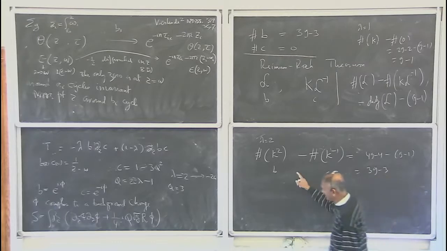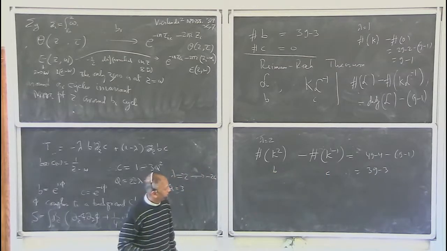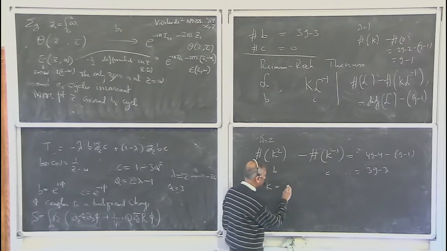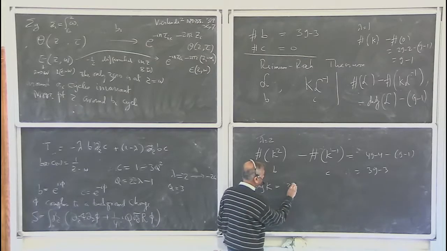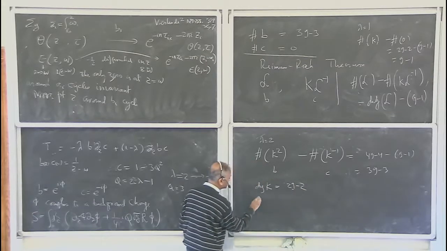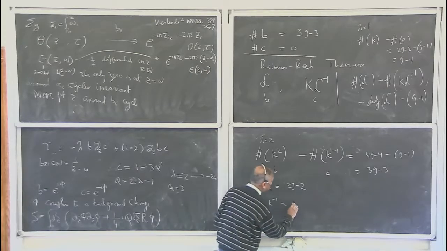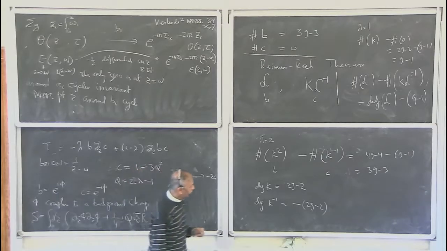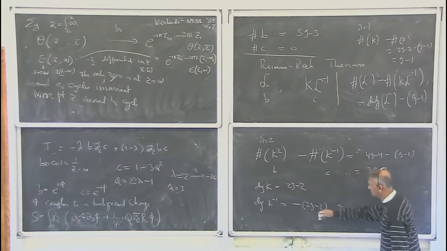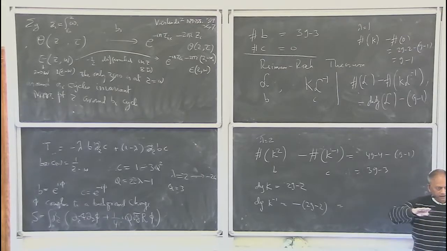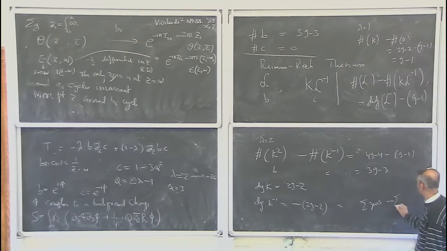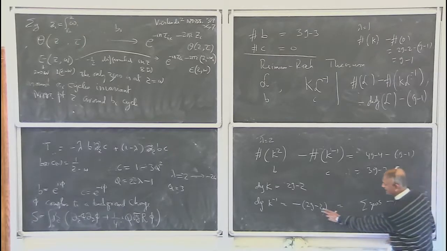However, in this particular case, we can get more information because K itself is a divisor of degree 2G minus 2. So the degree of K inverse is minus 2G minus 2. Remember what the degree is: if I write down some section of this line bundle, it counts the number of zeros minus the number of poles.